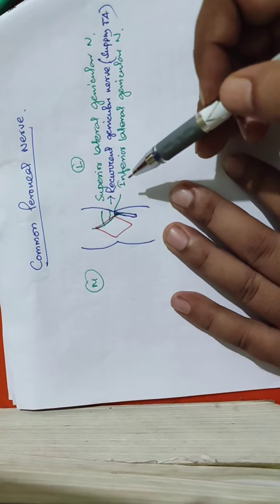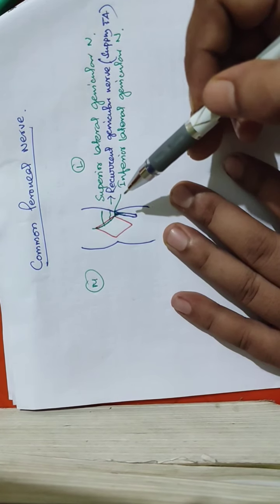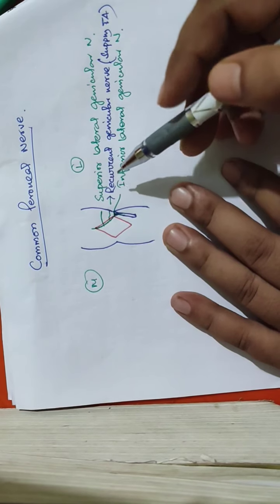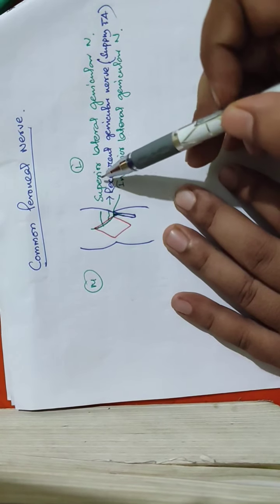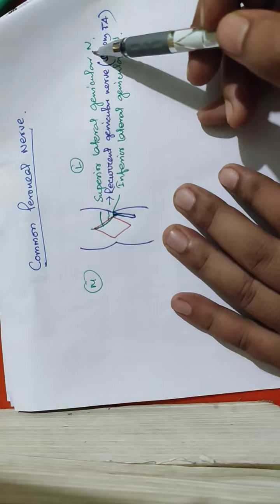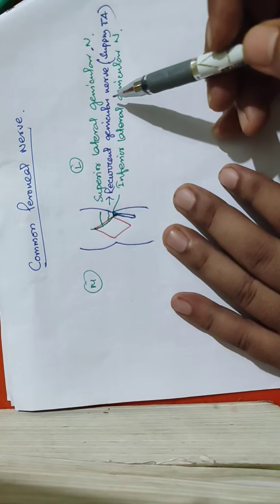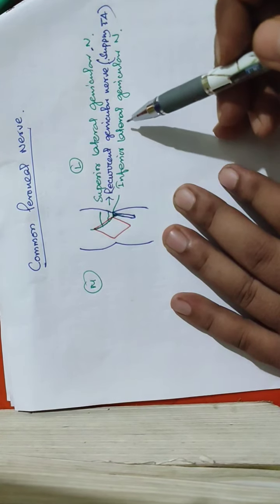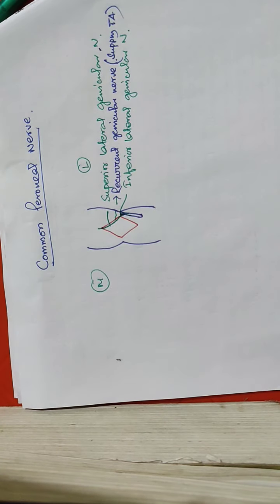So there are three genicular branches found in the common peroneal nerve: first the superior lateral genicular nerve, next the recurrent genicular nerve, and the inferior lateral genicular nerve. Next we come to the cutaneous branch.